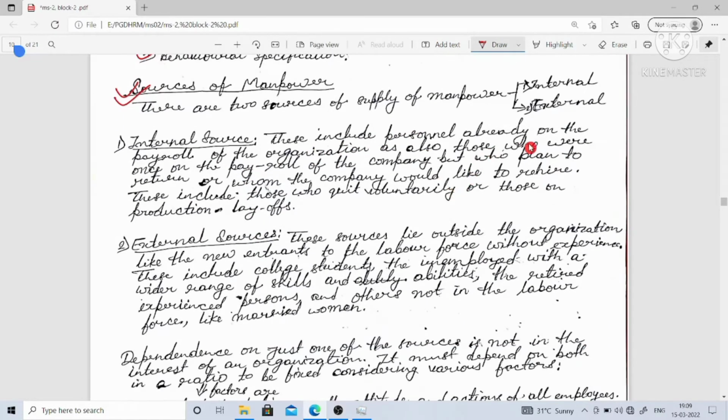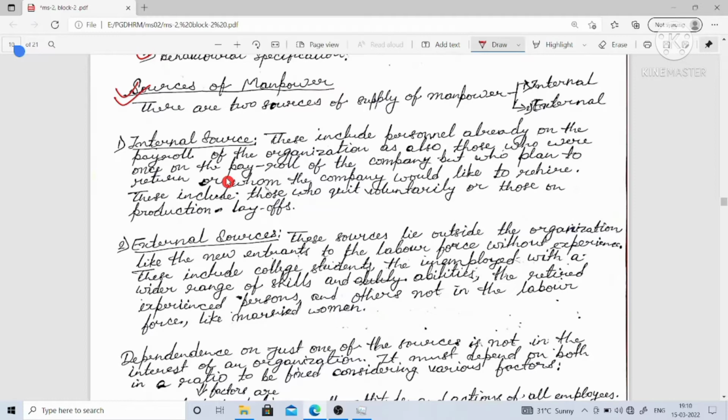This includes personnel already on the payroll of the organization, as also those who were retrenched or whom the company would like to rehire. So the internal source means the people already working in the organization, or the people who left the organization but whom the organization wants to rehire.